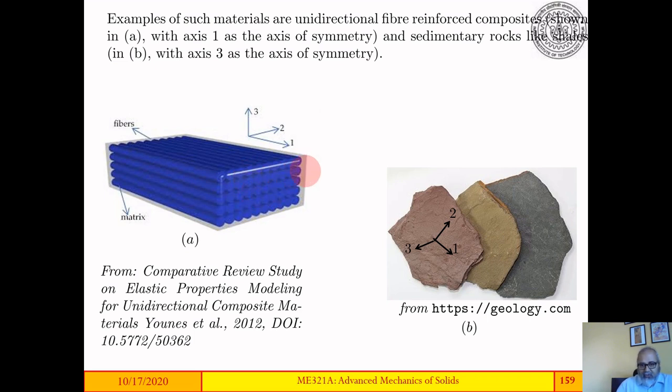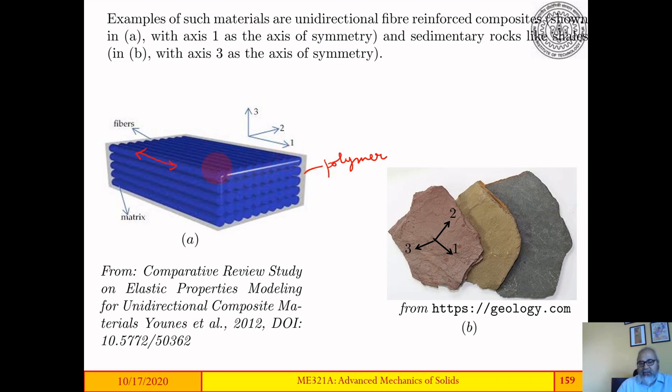So this gray area is a polymer, and these blue things are fibers. So these are very strong fibers, Kevlar fibers, for example, bulletproof jackets, or many parts in aircraft are made in this way.